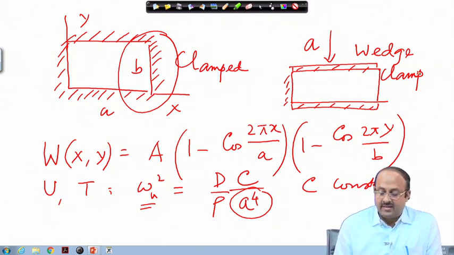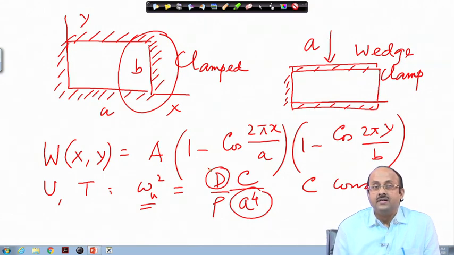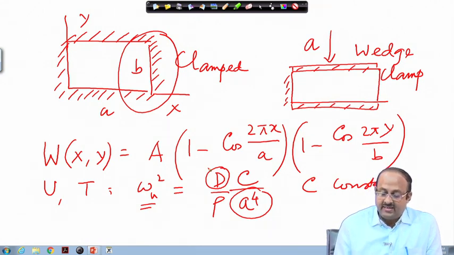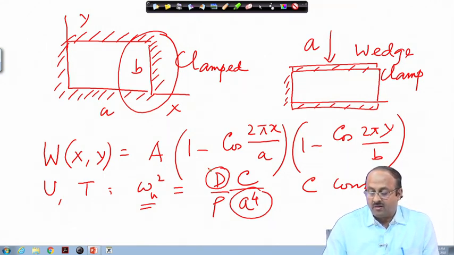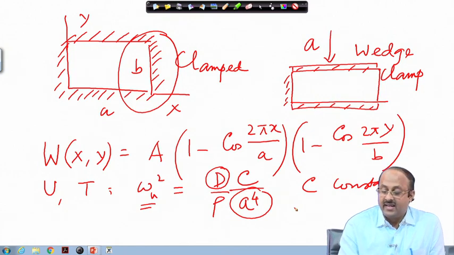There is one more way to increase the natural frequency, that is by increasing the value of D, and how could this be done? D increases if you increase the height or the thickness of the plate.